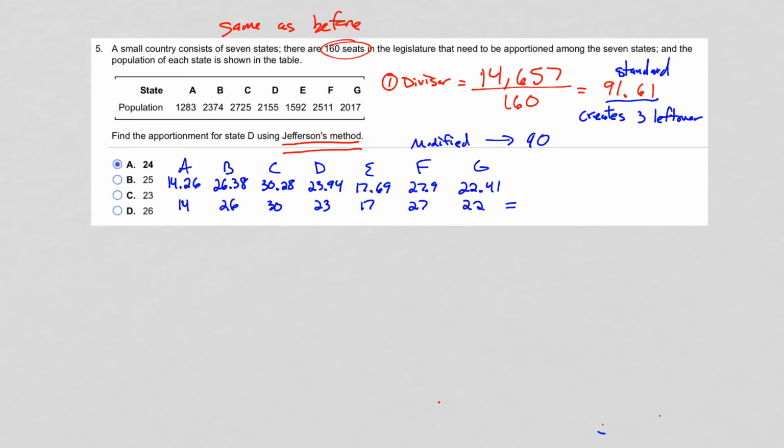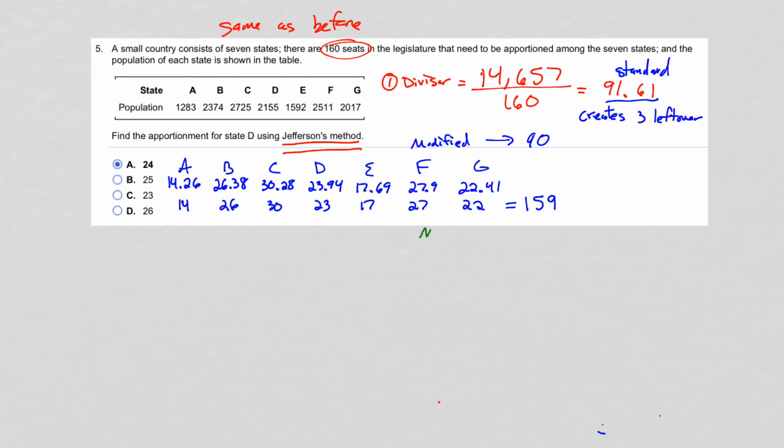After dividing all the populations by 90, our modified divisor, we get 14, 26, 30, 23, 17, 27, and 22. If you add that up, you get 159. That's 1 left over. Jefferson would not be happy with that, so he would want us to modify once again.